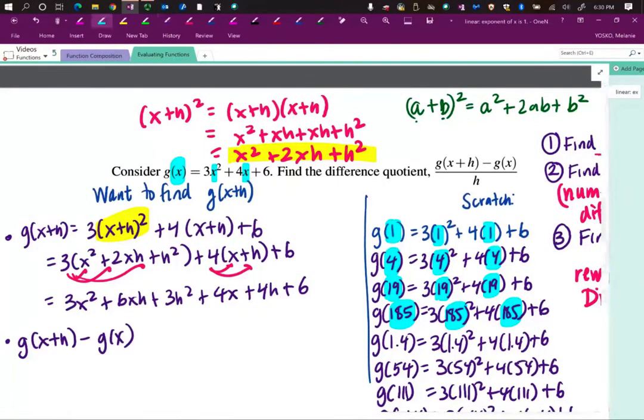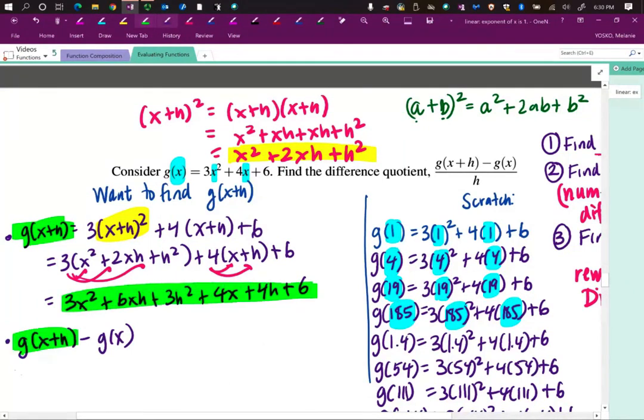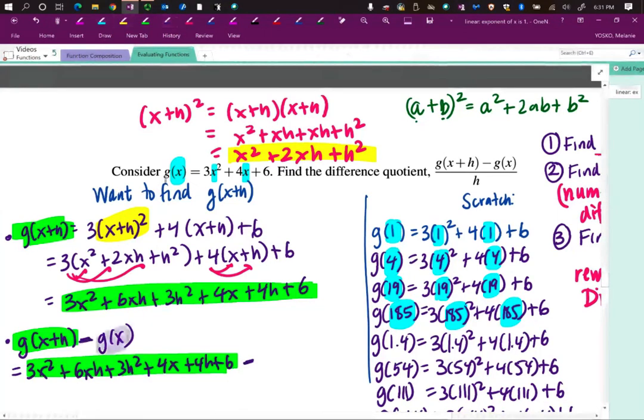We already found part of it. g of (x plus h) is this, right? So I'm just going to do it down here. This is 3x squared plus 6xh plus 3h squared plus 4x plus 4h plus 6. That's g of (x plus h). Okay, then we're going to write a big minus sign to represent this minus sign. So this was g of x. Put that right here.